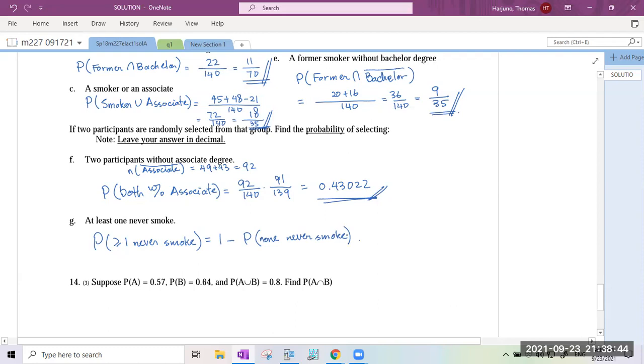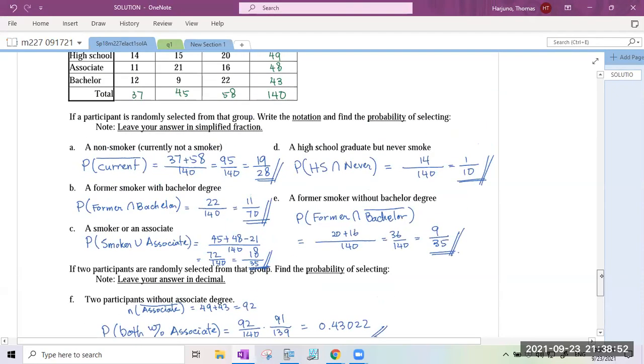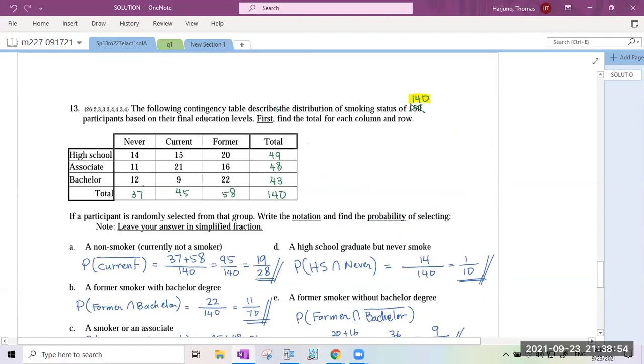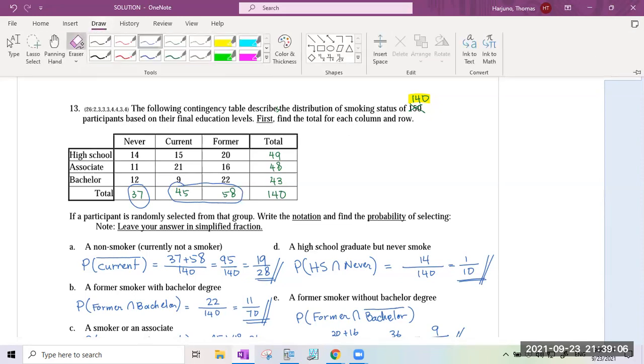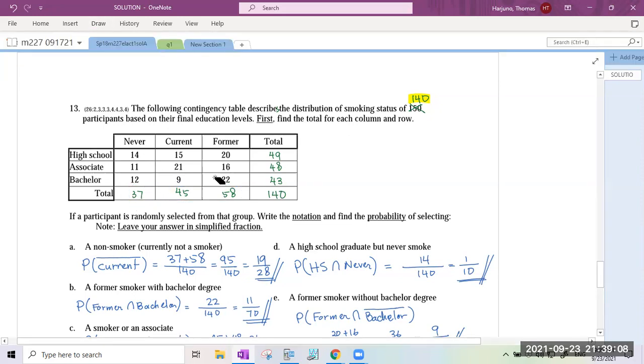The number of people never smoke is 0. But how many people never smoke? 37. Then how many people ever smoke? 103. There are 103 people ever smoke.